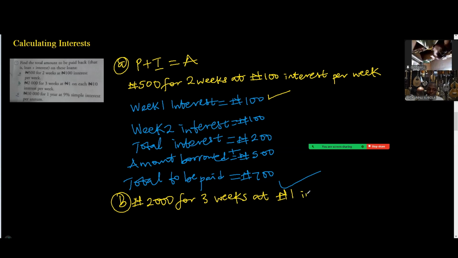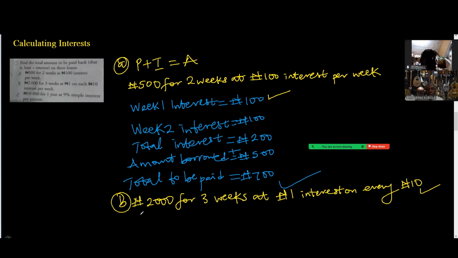Okay. On every what? 1 naira interest on every 10 naira, right? Yes, sir. Good. That's according to the question. So if you want to solve this, we'll look at how many 10 nairas are in 2,000 naira.